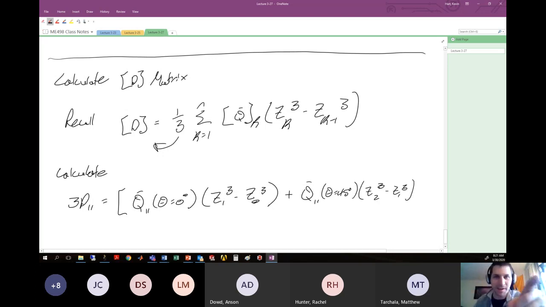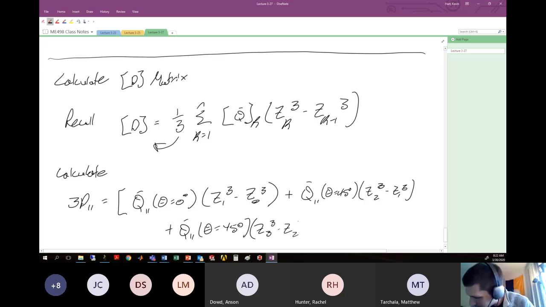Plus Q bar 11, here theta equals 45 degrees. This is Z3 cubed minus Z2 cubed. Plus, finally, the last layer that contributes, theta equals 0. And here we have Z4 cubed minus Z3 cubed.